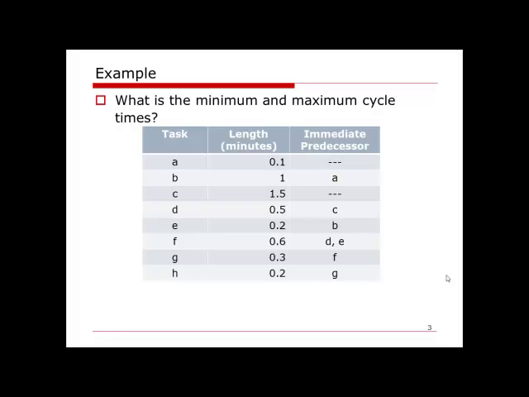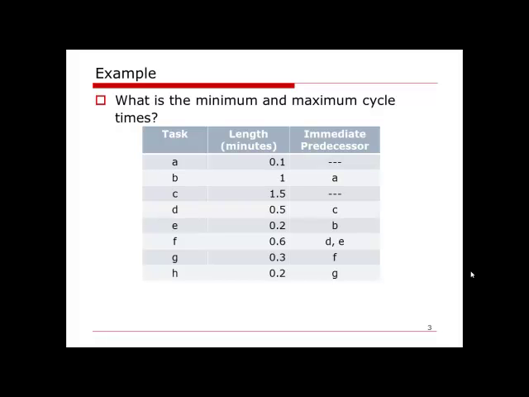Now, the first question is, what is the minimum and the maximum cycle time? If you remember, minimum cycle time is determined by the task that has the longest task time. Because if we only assign one workstation to work on any single task, then that will be the minimum time the workstation needs to finish the assigned task.